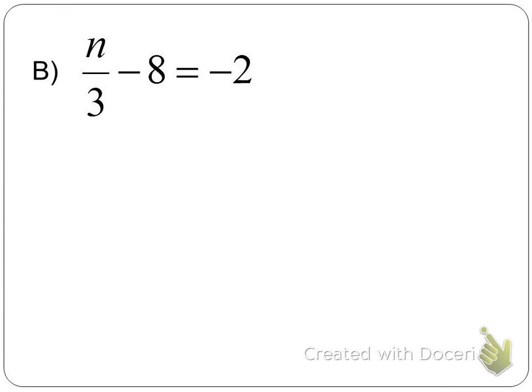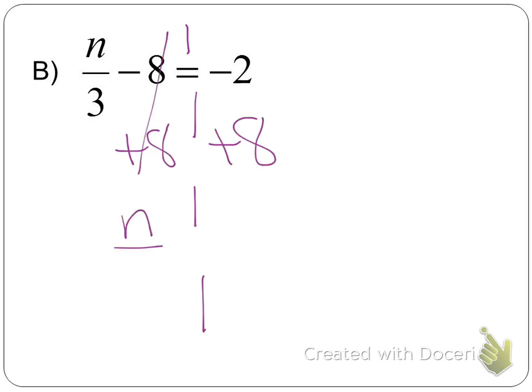So this is n divided by 3 minus 8 equals negative 2. Again, you might want to find your equal sign, draw the line of equality. And then do we want to get rid of dividing first or subtracting? And how do I get rid of subtracting? Add. So I want to add 8 to both sides. N divided by 3 equals negative 2 plus 8, which is positive 6.